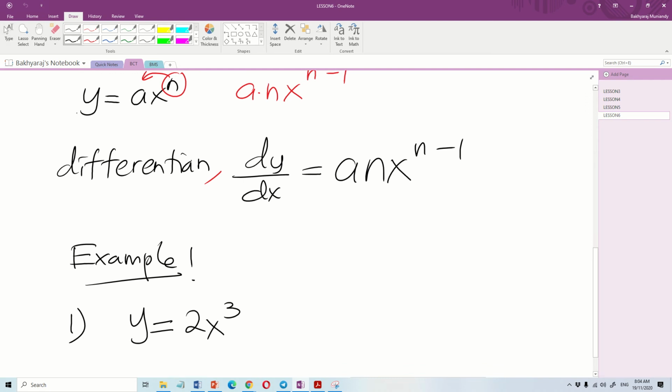The formula is dy/dx equals anx^(n-1). So I just follow the formula. I know that this is my a, ini a saya, and this is my n, ini n saya. Then I put everything into the formula.